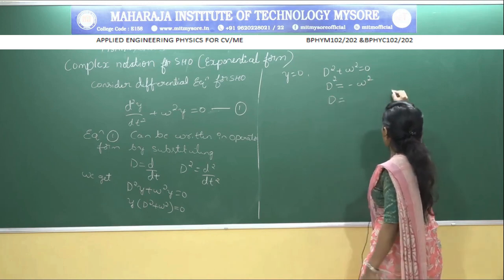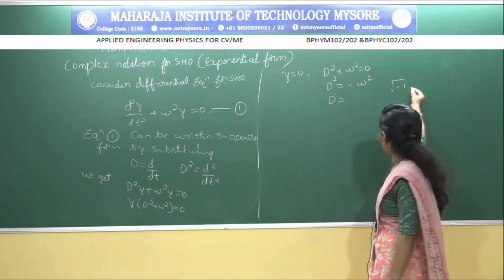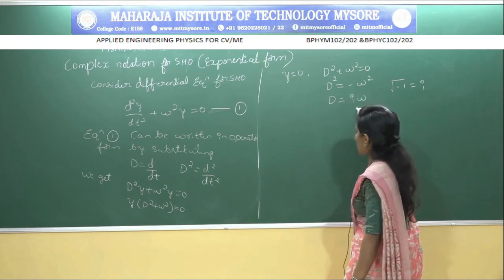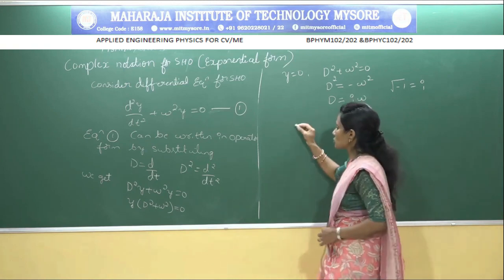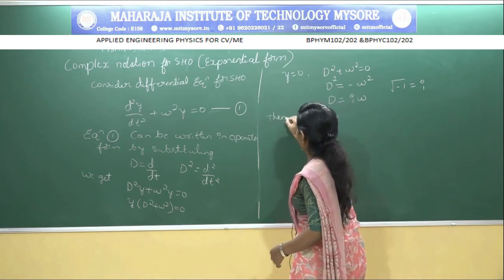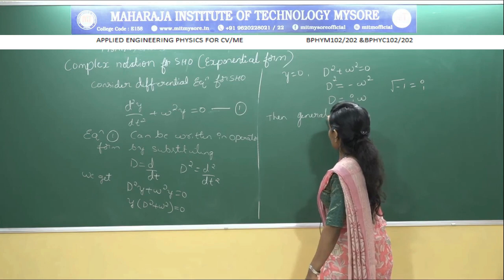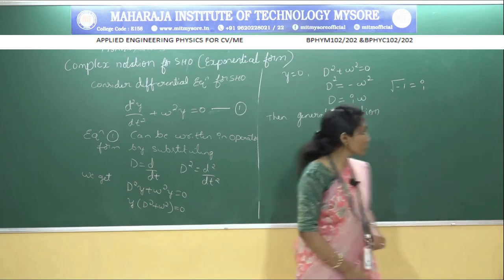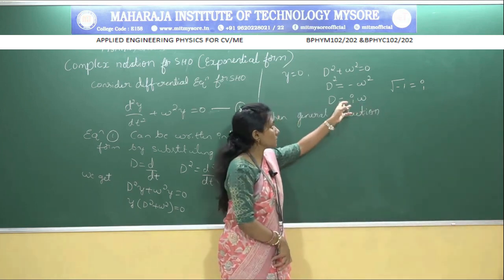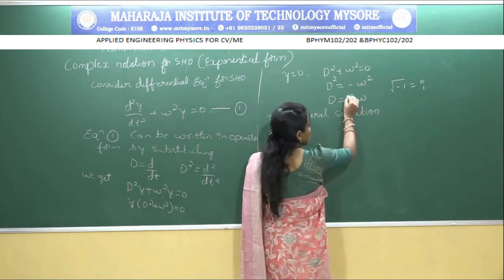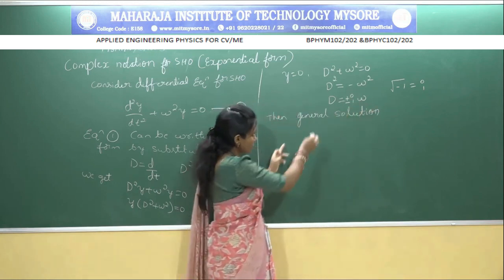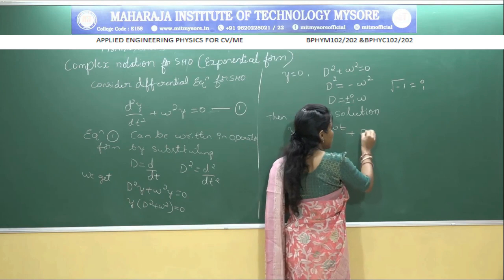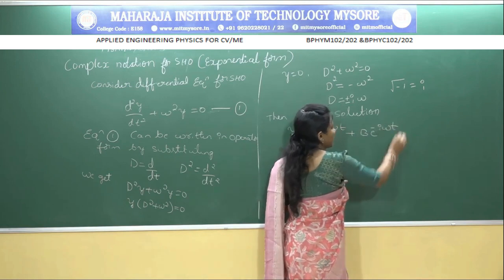The root of minus 1 is imaginary, so we get D is equal to plus or minus i omega. In complex numbers, for this the general solution is y is equal to a into e to the power of i omega t plus b into e to the power of minus i omega t.